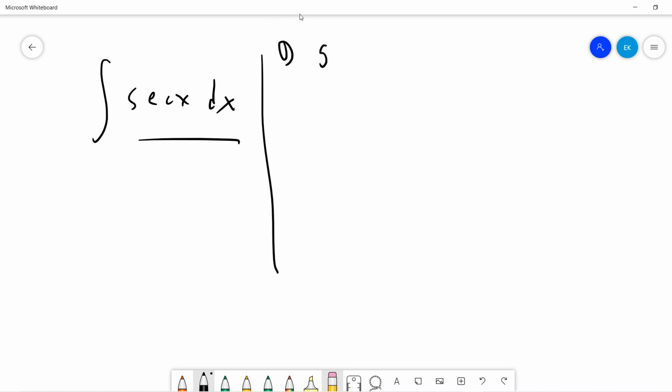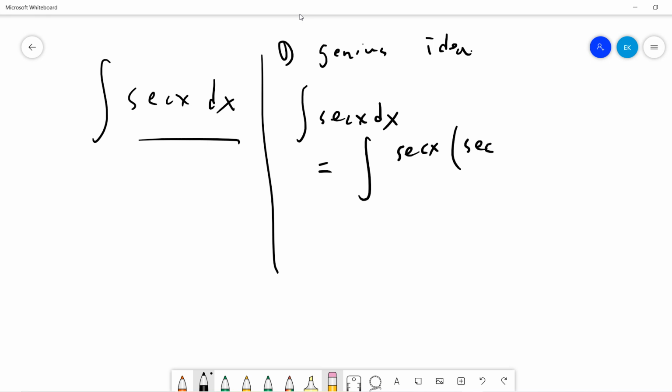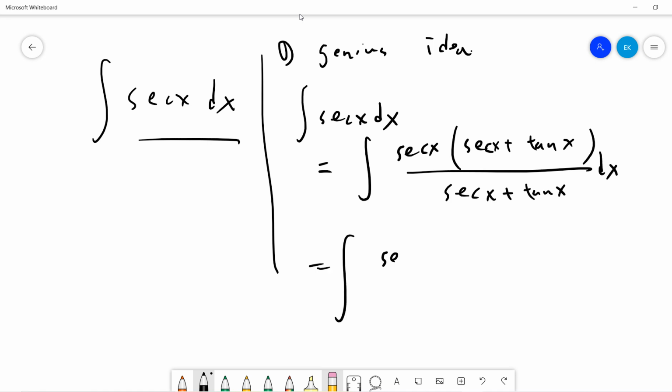So the first one is a genius idea. The genius idea means that you are so genius, so you know that I can write secant x times secant x plus tangent x, and I get this.